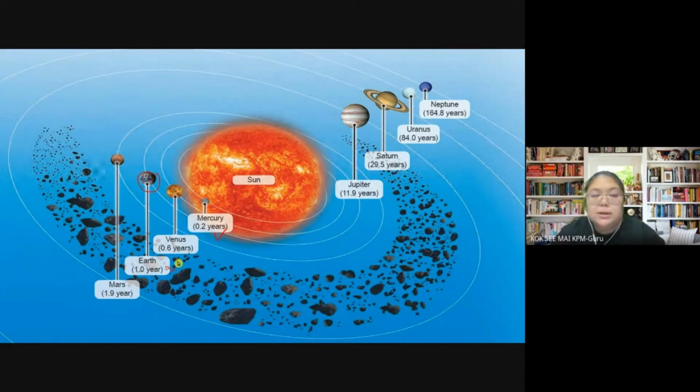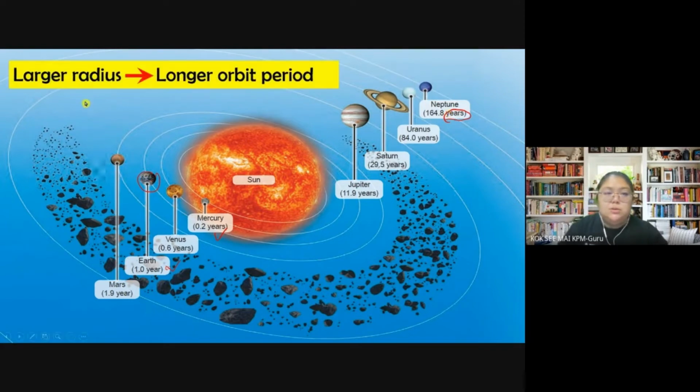After that, Mars is 1.9, followed by Jupiter, then Saturn, then Uranus, and also Neptune. The furthest one takes the longer time to oscillate. So this is the relationship for Kepler's third law, the period and the radius of the orbits.